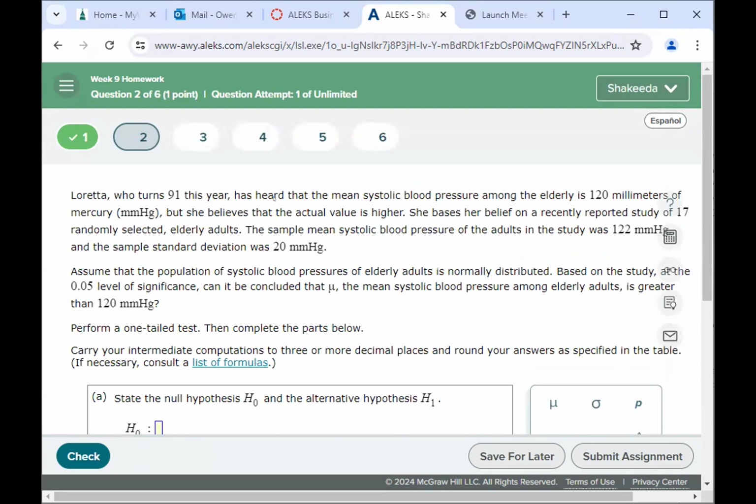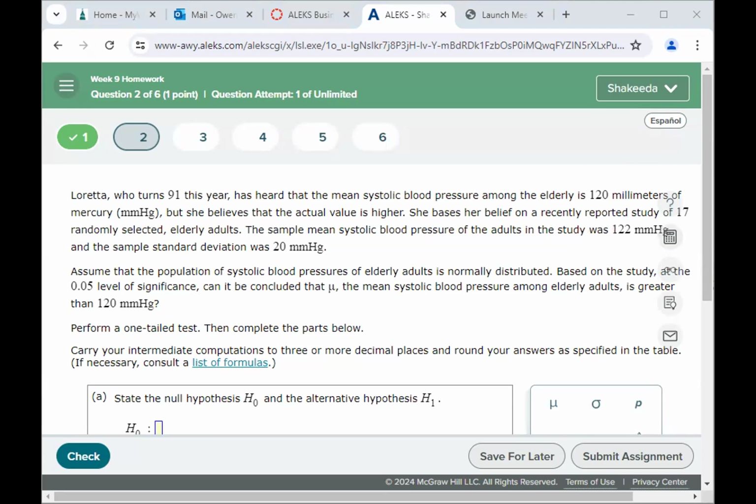So this is going to be 120, and that's going to be greater than, with the 17 as a sample. So this is 122.